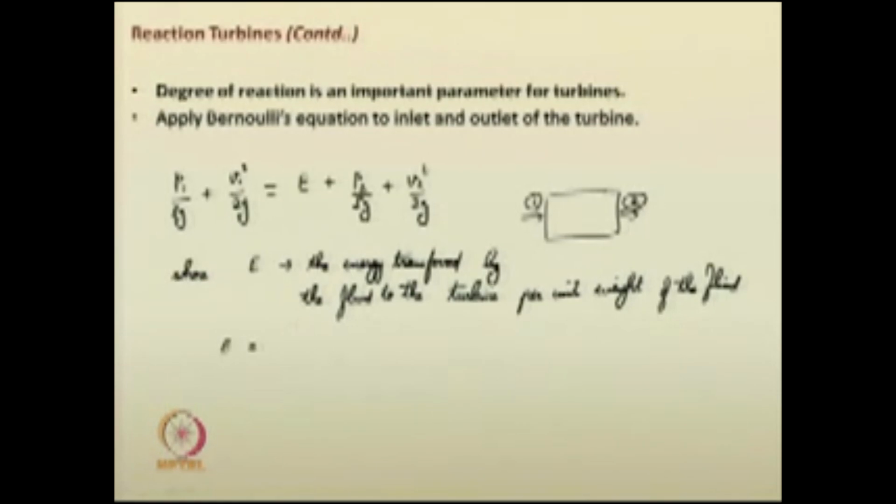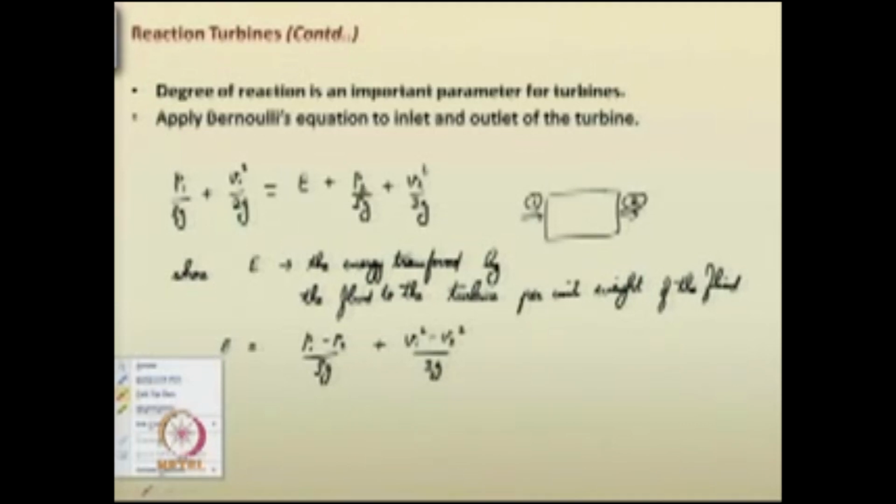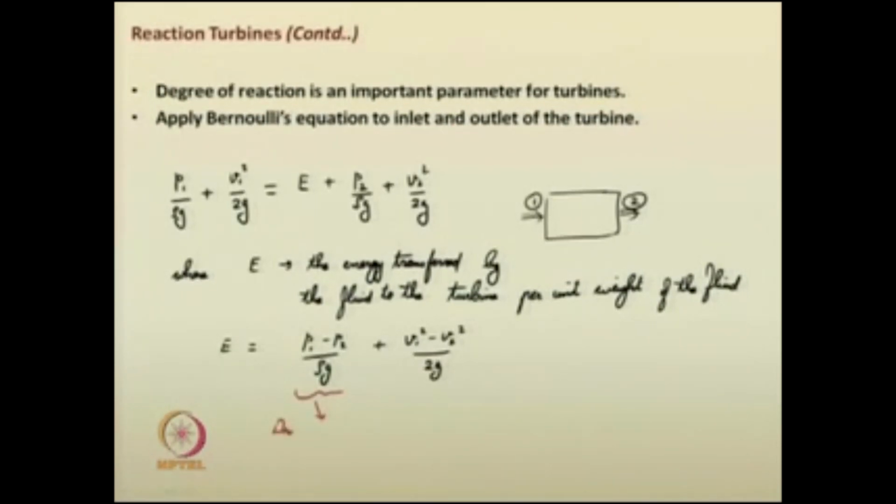E is nothing but (P 1 minus P 2) by rho g plus (V 1 squared minus V 2 squared) by 2 g, right. So, you are getting two terms here. What are they? What is this particular term? Drop in pressure, right. Even in open channel hydraulics and earlier cases, we normally consider hydrostatic conditions, so this may be a static pressure at that particular section.